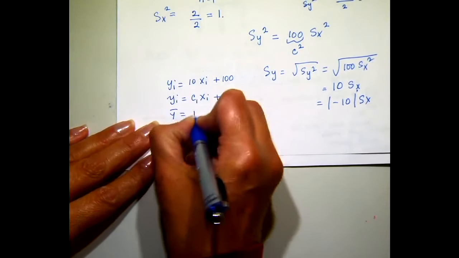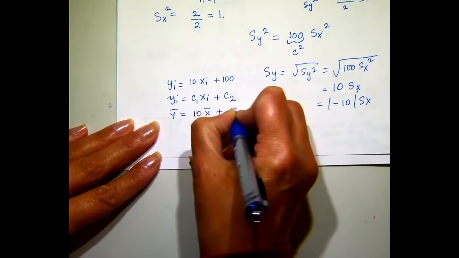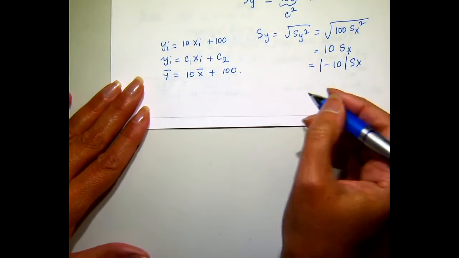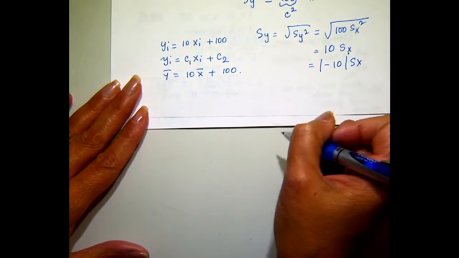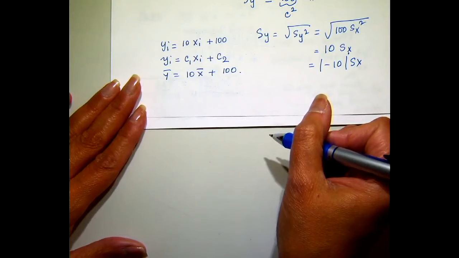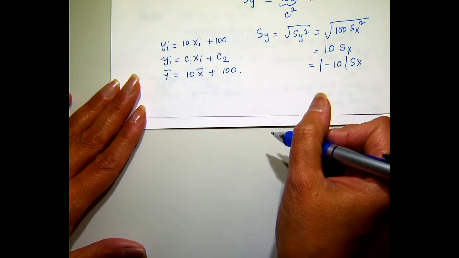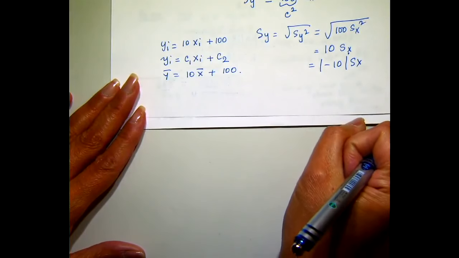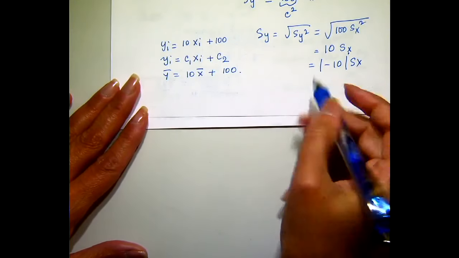y bar would be 10 x bar plus 100. Of course it would, right? Because the mean follows the same pattern. So now can you tell me what happens to the standard deviation? Doesn't change? Right.